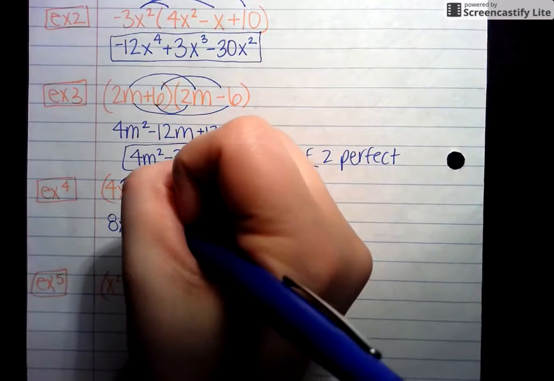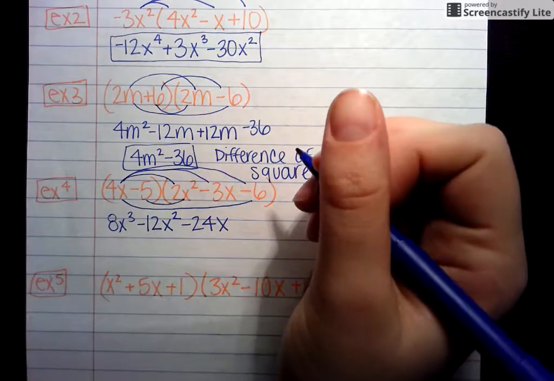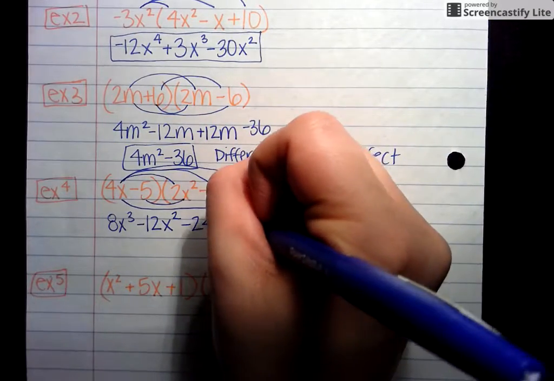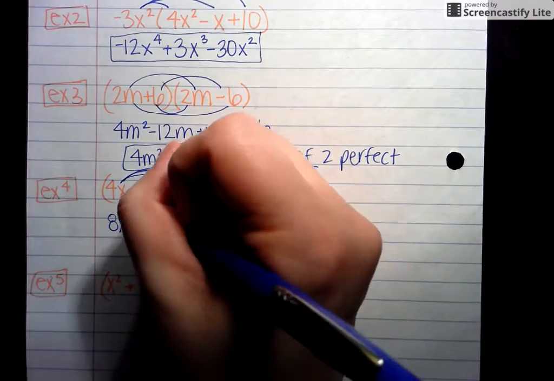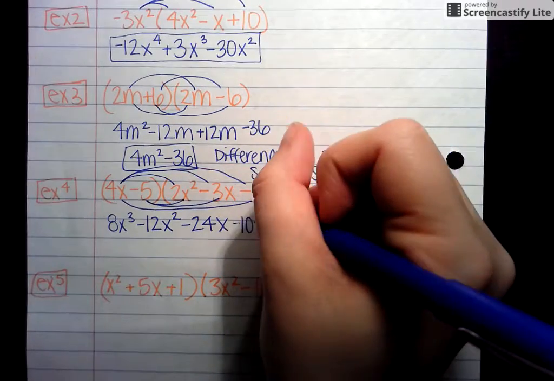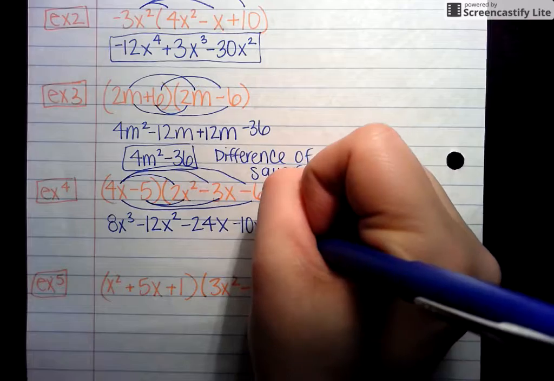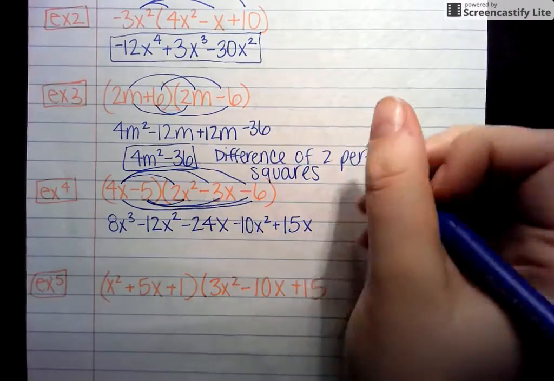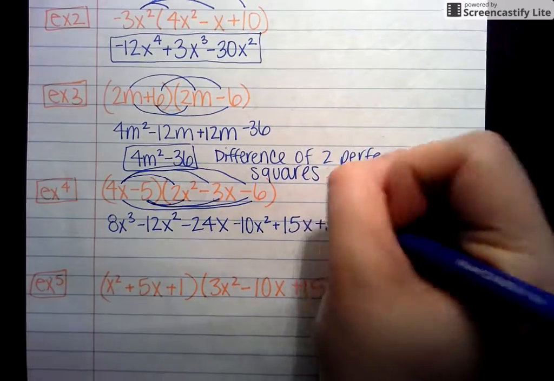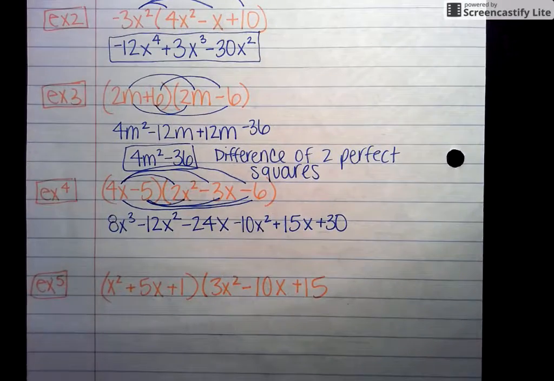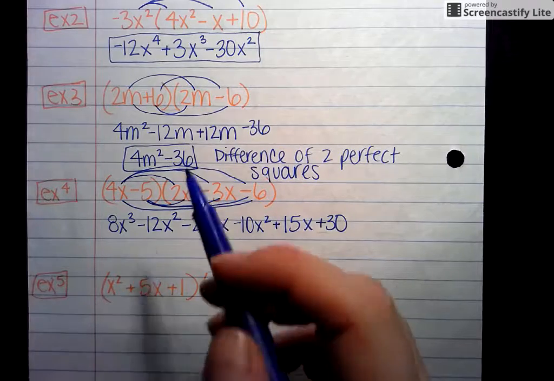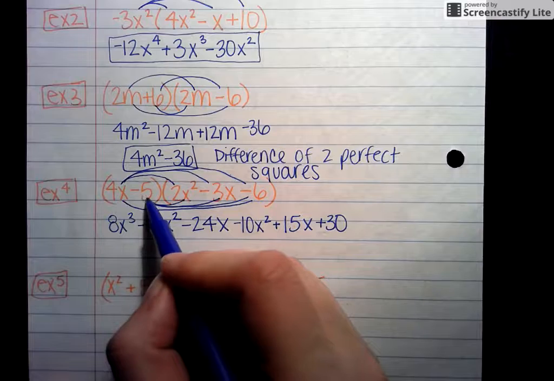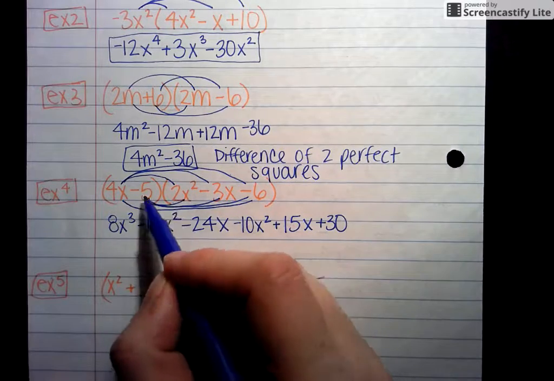You would do a -5 times 2x squared, which would be -10x squared. You're going to do -5 times -3x, which would be a positive 15x, and a -5 times a -6, which would be a plus 30. So you're not going to do 4x times -6 again, so I messed up on that. So you have to give this term to each of the terms and then distribute the second term in the binomial to all of the terms.